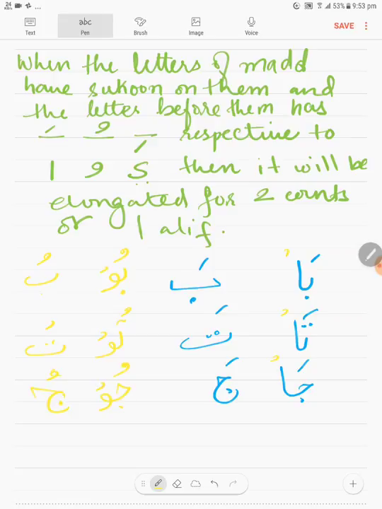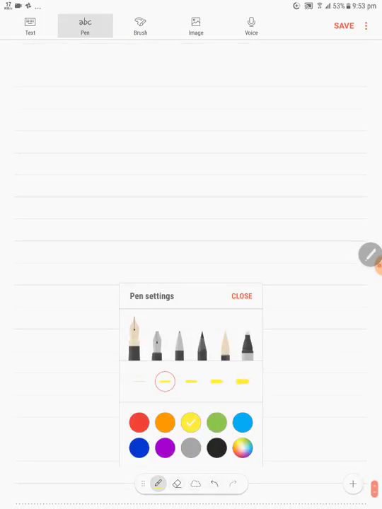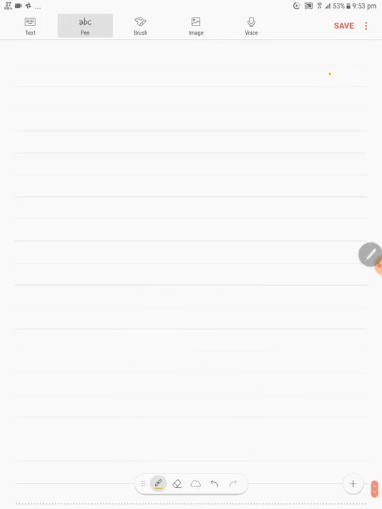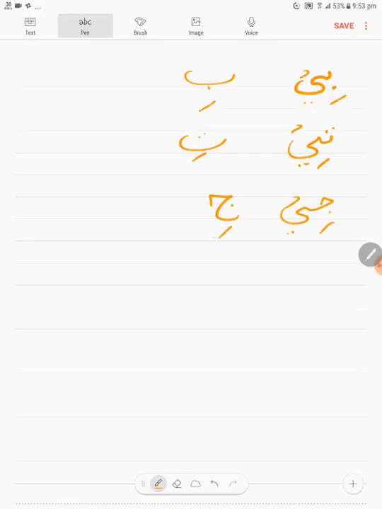Okay, this is the dhamma and this is the sukoon. Bi, bi, ti, ti, ji, ji. Okay, I hope you get this.